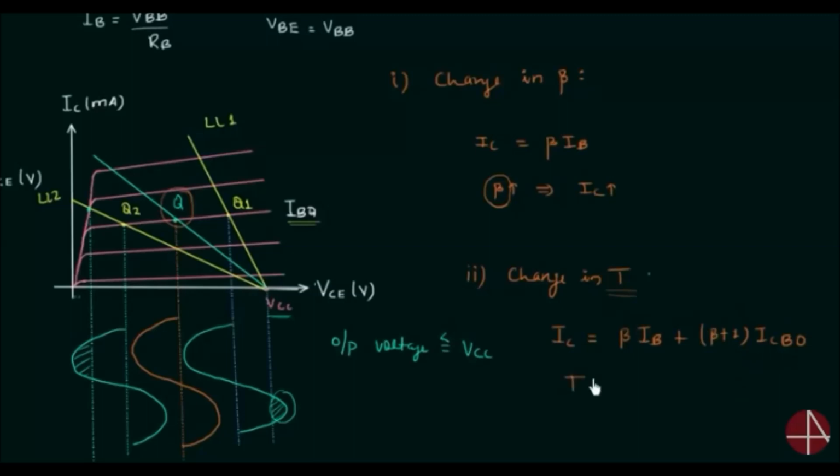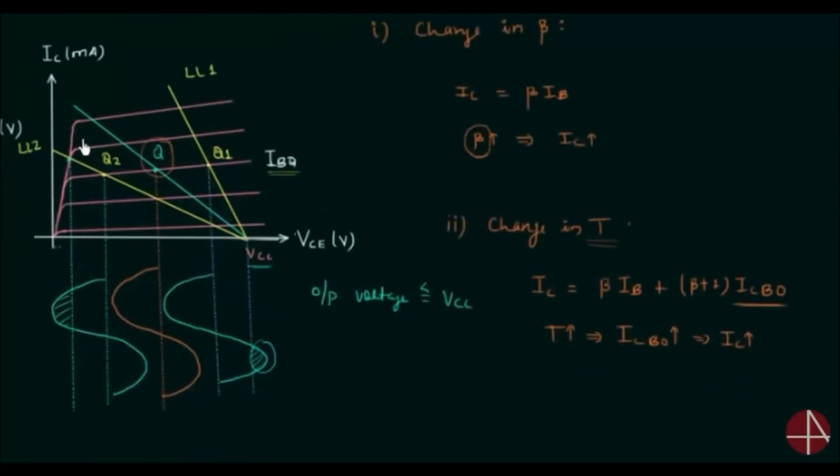So if temperature increases, this implies the reverse saturation current will increase, and when reverse saturation current increases, from this equation you can see the collector current also increases. And from the characteristics curve, you can see if IC changes, the load line will change, and also the operating point.